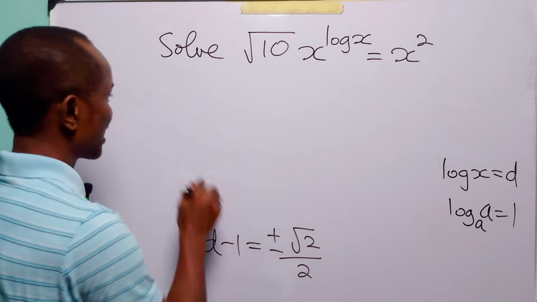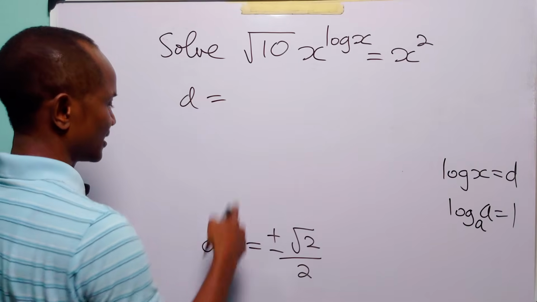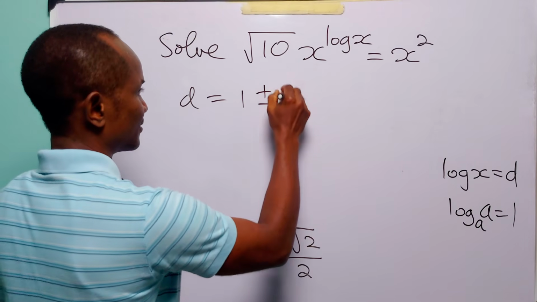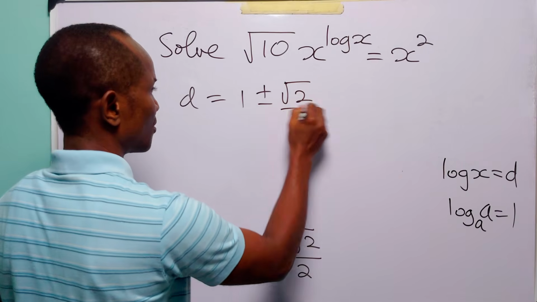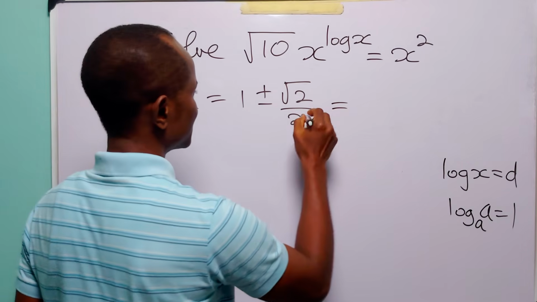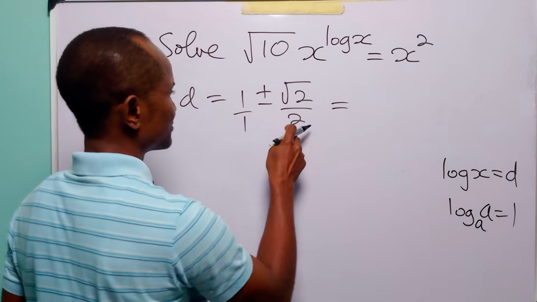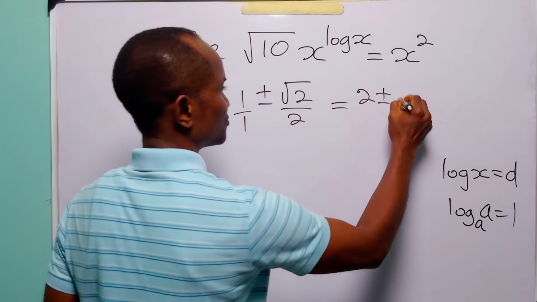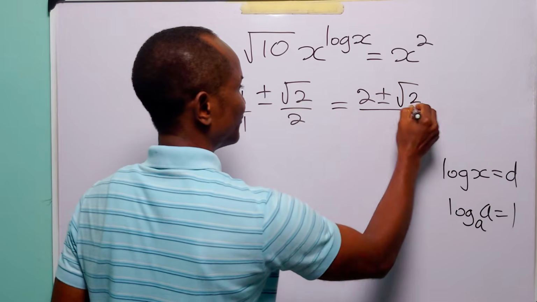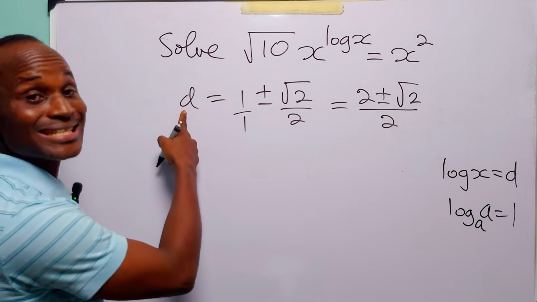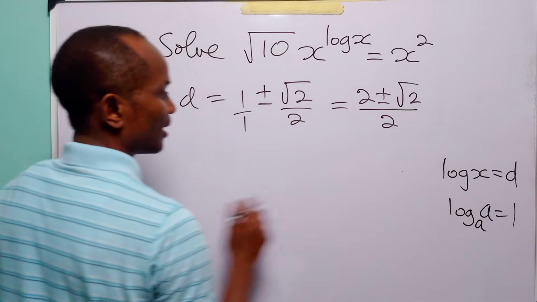And of course, from here we have that d is equal to 1 plus or minus root 2 over 2. Of course, this can also be written as 1 times 2 is 2, plus or minus 1 times root 2 is root 2, divided by 2. Of course, remember that d is equal to log x.